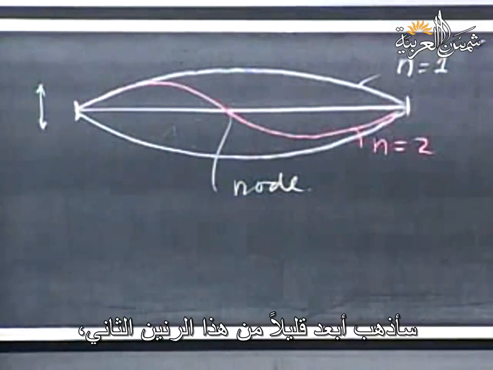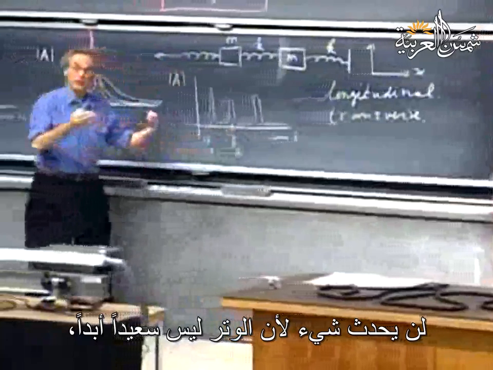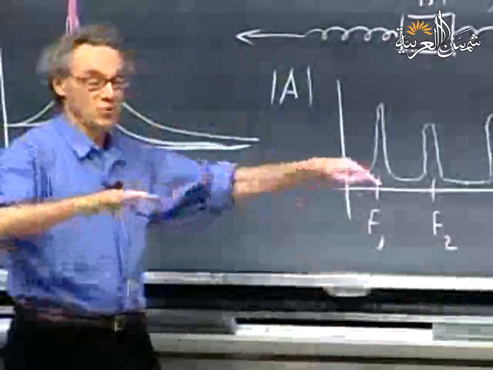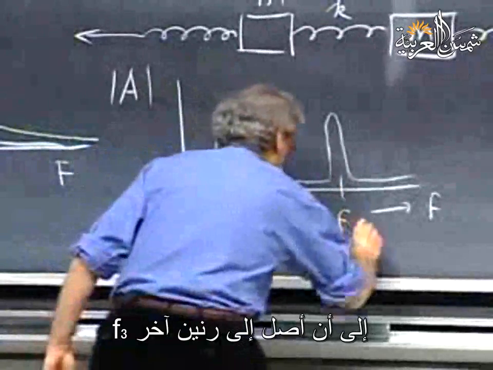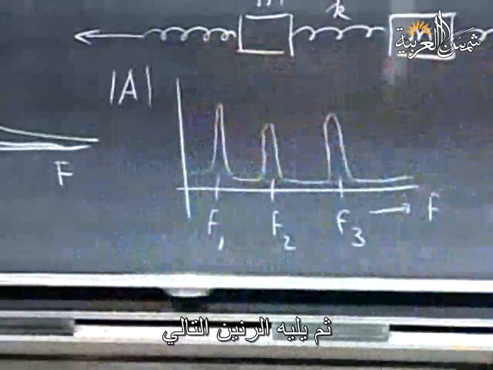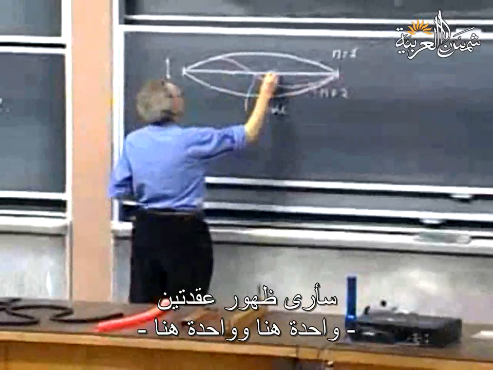I go a little bit beyond that second resonance, and nothing happens. The string will be quite unhappy, sort of flutters a little bit, until I hit another resonance, F3. And then, with the next resonance, I will see two nodes appear, one here and one here.